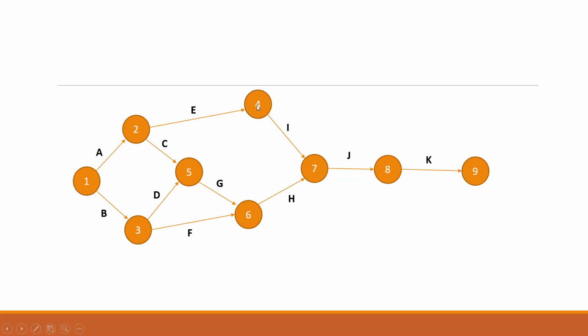I'll find that this node does not have any arrow coming in, whereas this node has one arrow coming from this 3. And that's the reason I did not give this number as 4. I gave 4 here.